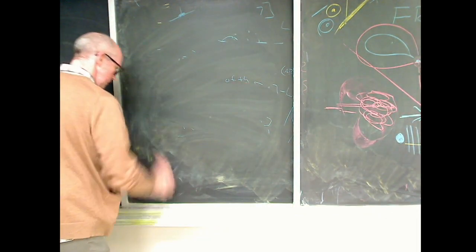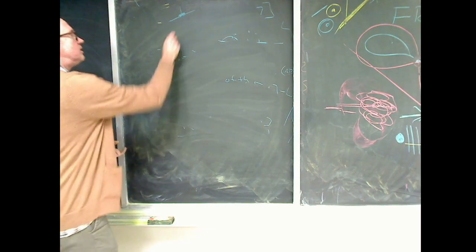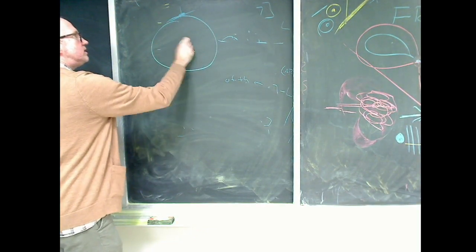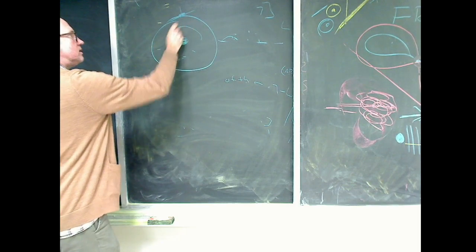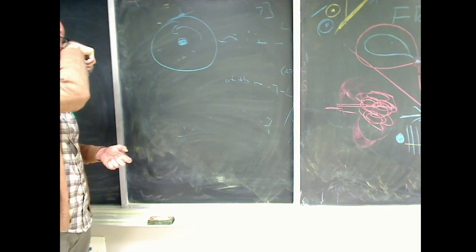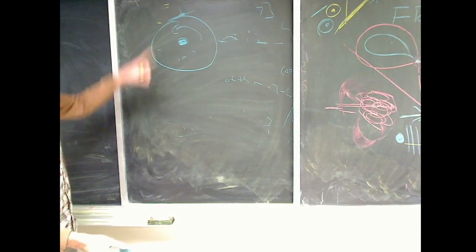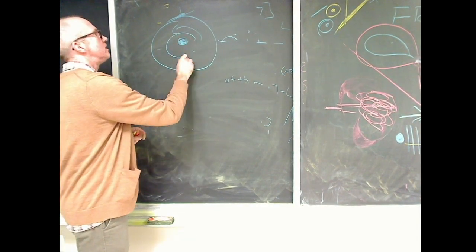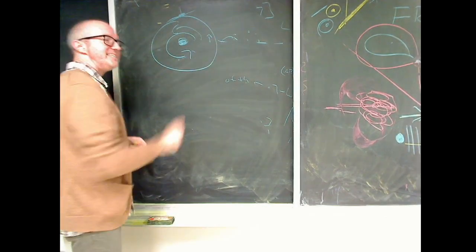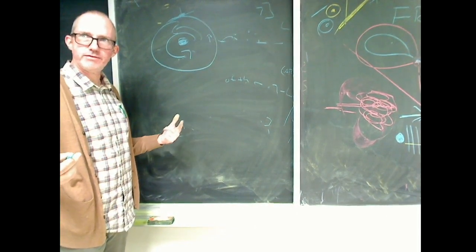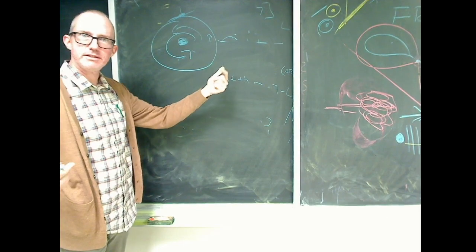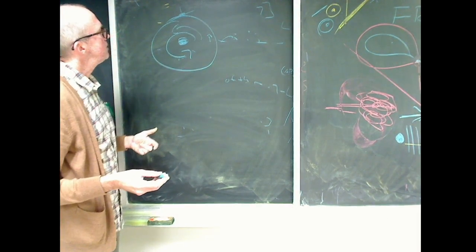Sorry, jet. From the top, I have a disk with the black hole in it, and it's rotating. It is differentially rotating, which means it's rotating faster in the middle than it is on the outsides. And it's magnetized.